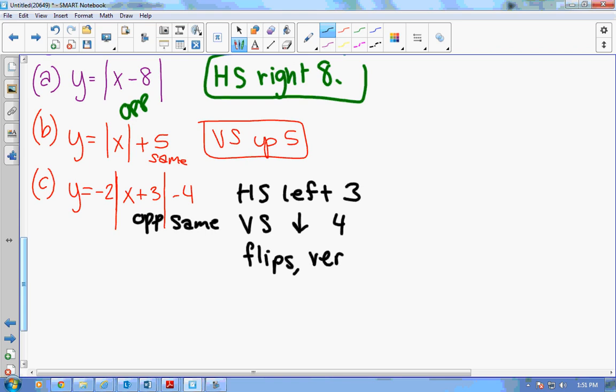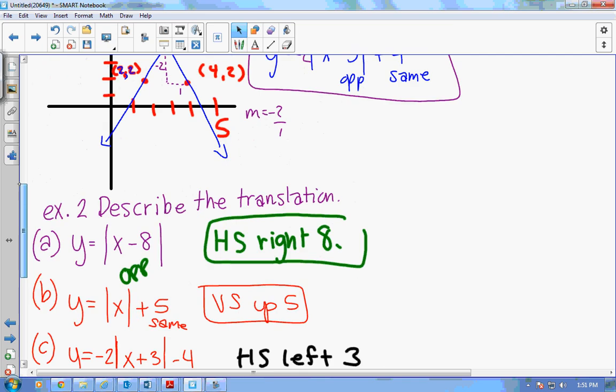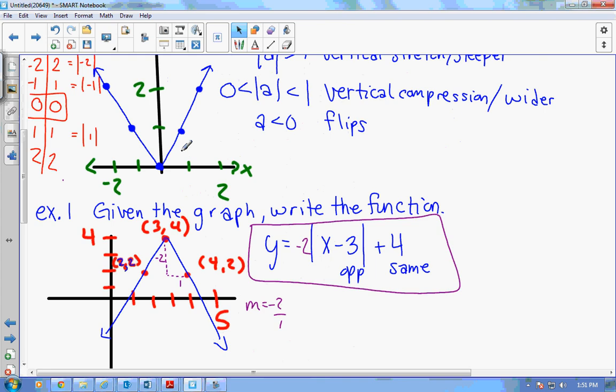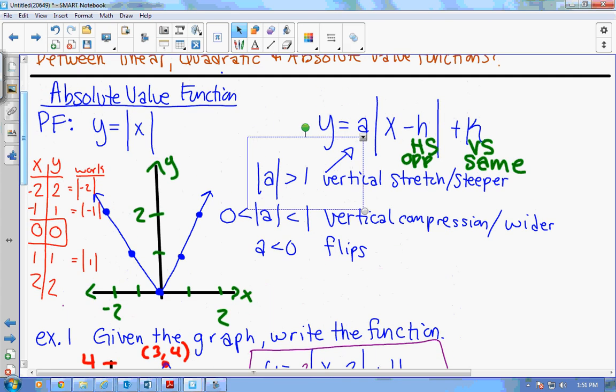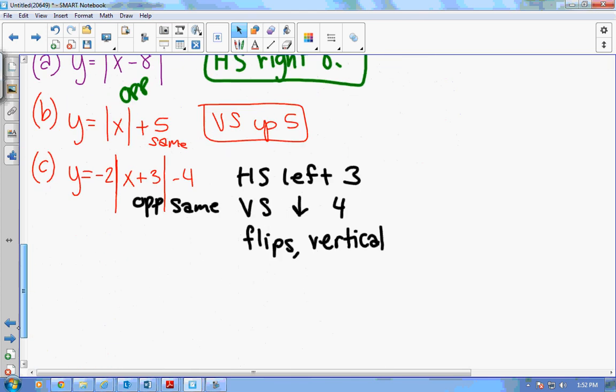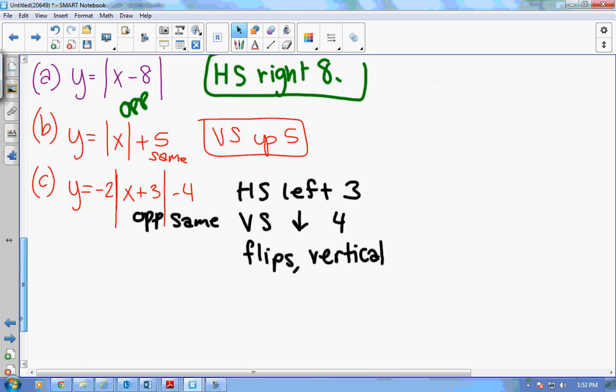I don't think it's a compression because the absolute value of -2 is +2. Is 2 between 0 and 1, or is it greater than 1? Greater than 1 or between 0 and 1? It's greater than 1. Absolute value of -2 is +2, which is greater than 1. So it's a vertical stretch, and we say by a factor of 2.